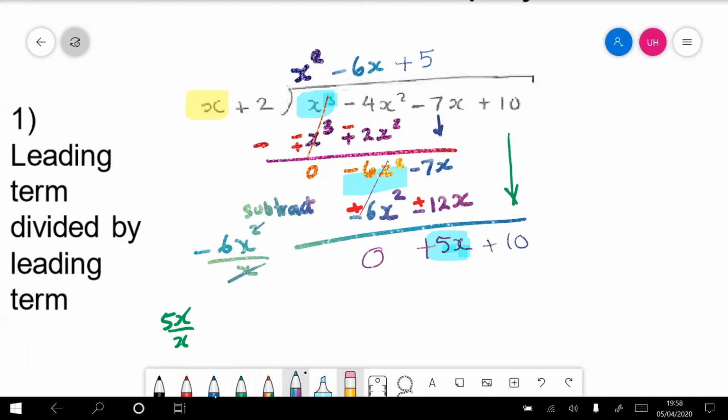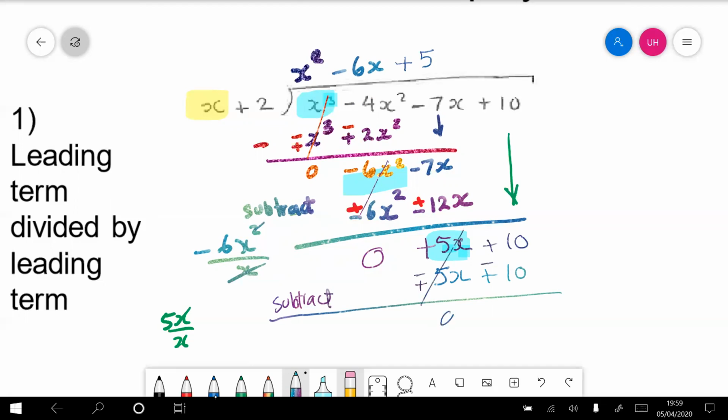And now we multiply this 5 at the top, as a quotient, by the yellow x, which is 5x, and it's positive. And then plus times plus is plus, 5 times 2 is 10. And then we subtract, which means take away. When we subtract, this sign becomes minus, and this becomes minus.